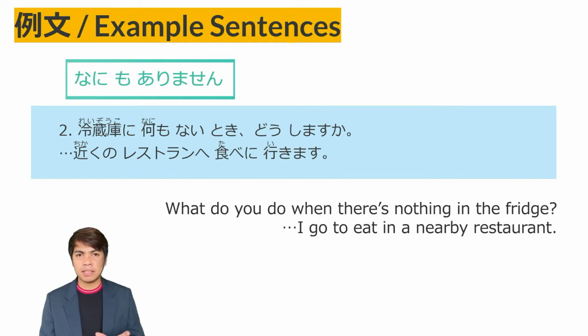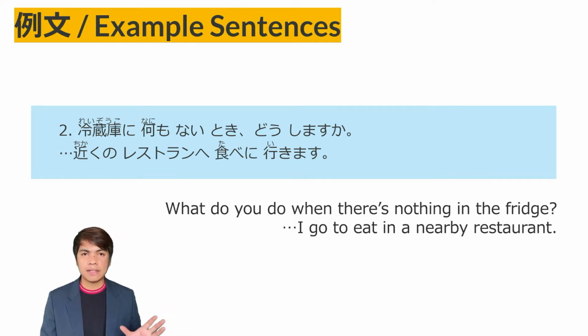The plain form of arimasen is nai, so we can add toki: nani mo nai toki, when there's nothing in the fridge. He answered, chikaku no restaurant e tabe ni ikimasu, I go to a nearby restaurant to eat.